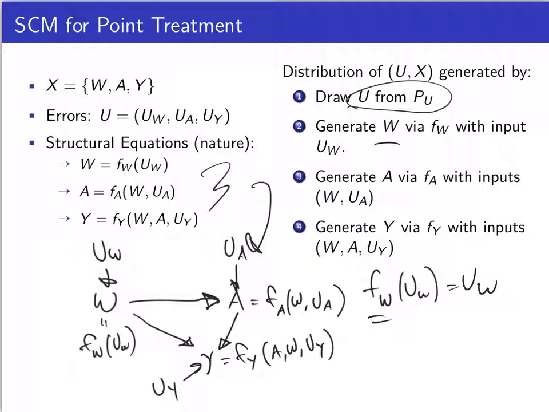And then just to give an example, let's say F_A of W could be something like the indicator that W, I'm just making this up, is greater than some threshold.